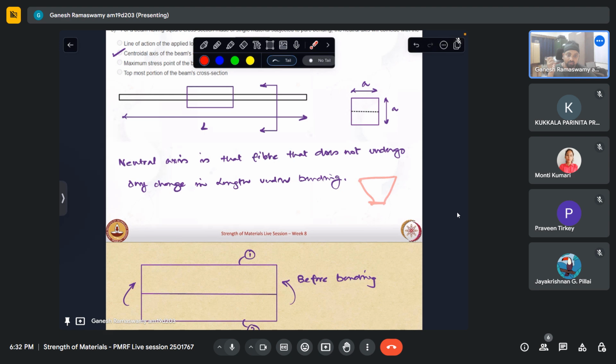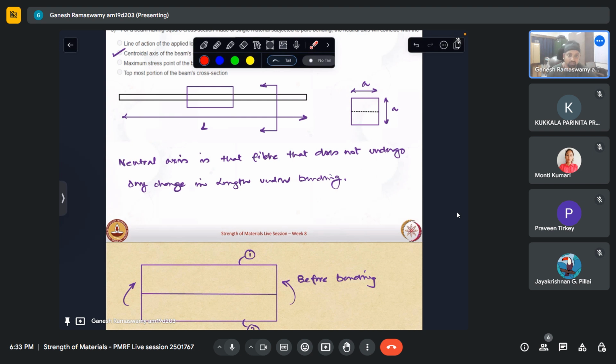I'm just exaggerating it. Because of Poisson's effect, the top, which is compressive, will stretch out, and because the bottom is tensile, it will compress. So this is how the cross section will look after it has undergone the bending. I'm exaggerating the figure, but we do not apply our equations in this. We still apply it to the rectangular section. Essentially, we are looking at only the plane of symmetry of this section, and we are applying the analysis there.